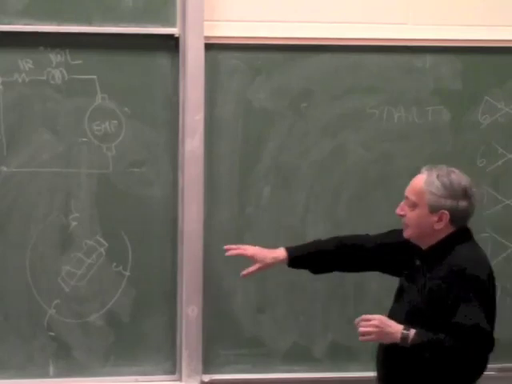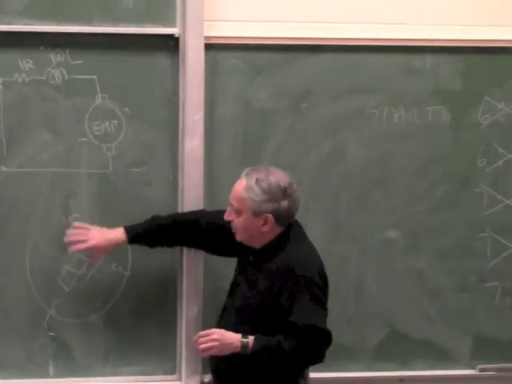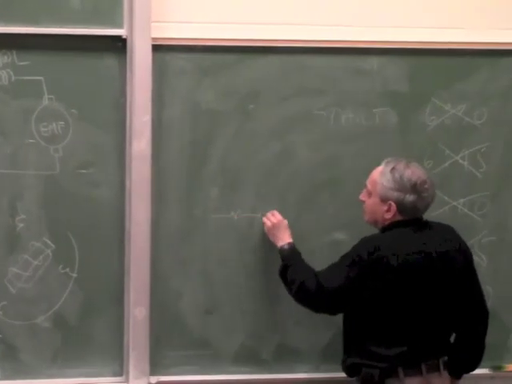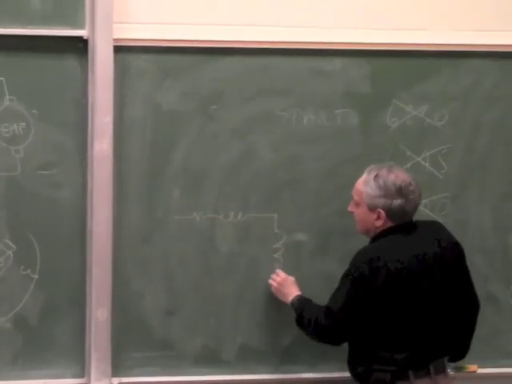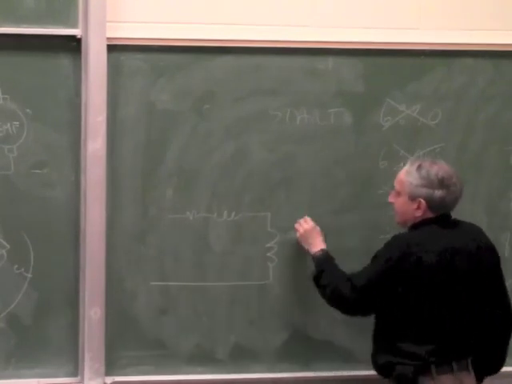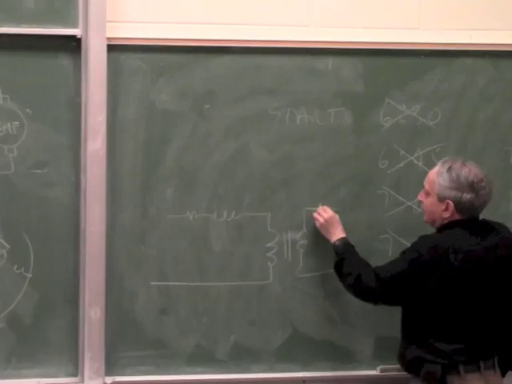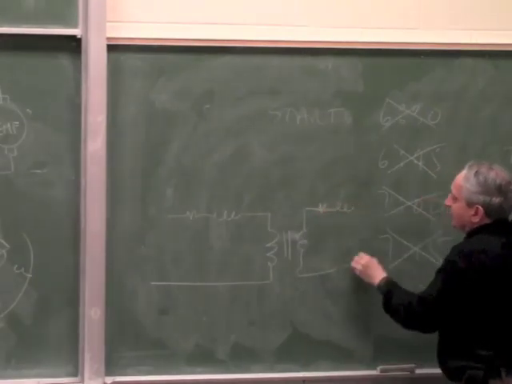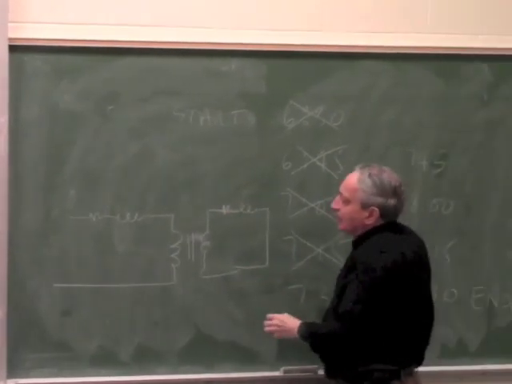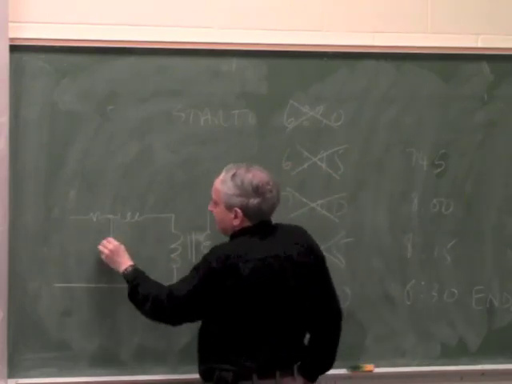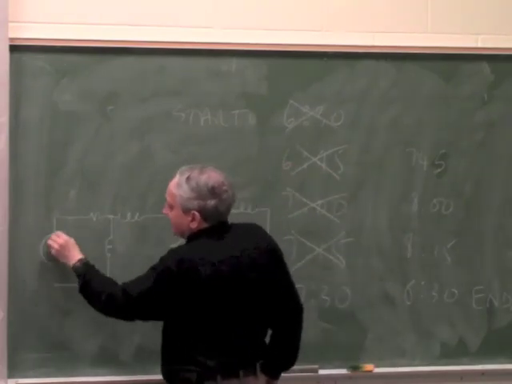If you model a transformer, because this is like primary, this is secondary, the model looks like this. I'll explain in a minute. And this is shorted. And you also have this, and I'll explain what it is.